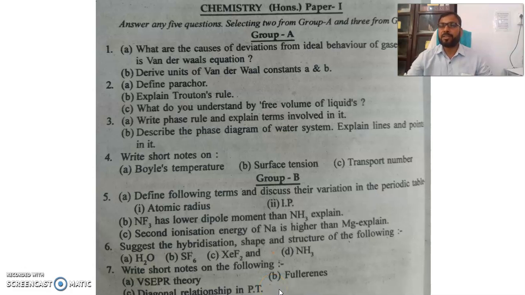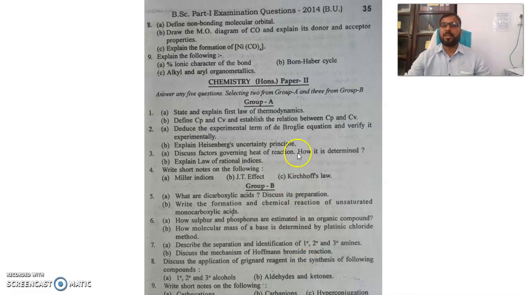Then write short notes on the following: valence electron pair repulsion theory, and diagonal relationship in the periodic table. There are 3 relationships in the periodic table: top to bottom, left to right. So here, the diagonal relationship, and what is the importance of the diagonal relationship in the periodic table. Now, the next question, number 8. Define non-bonding molecular orbital. Draw the molecular orbital diagram of CO and explain its donor and acceptor properties.